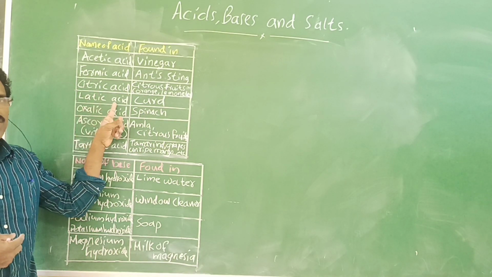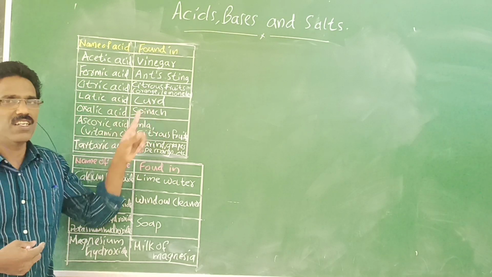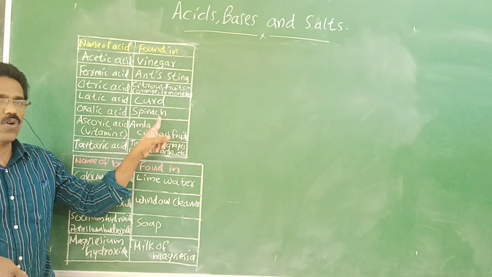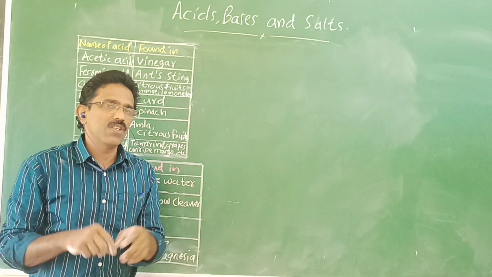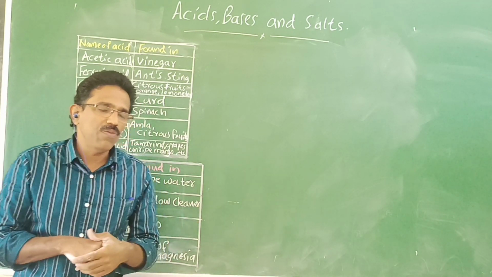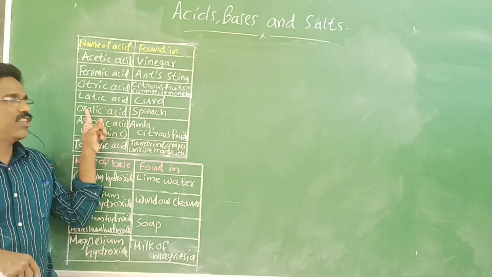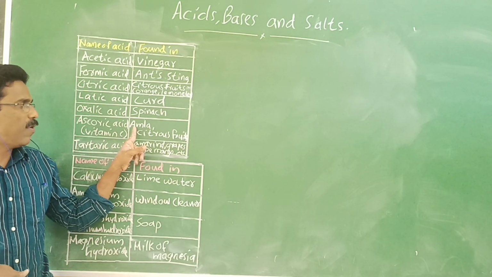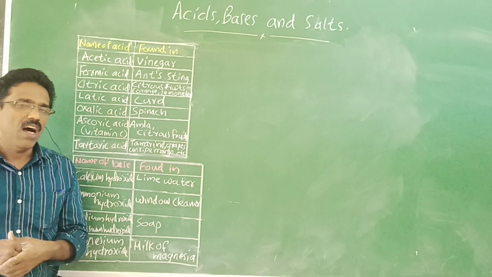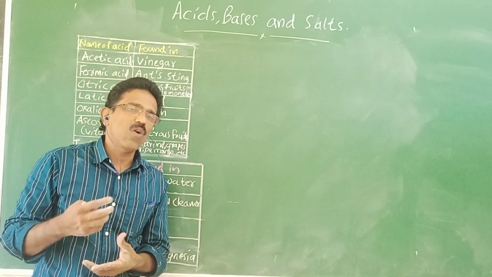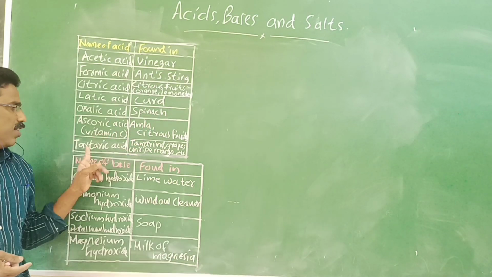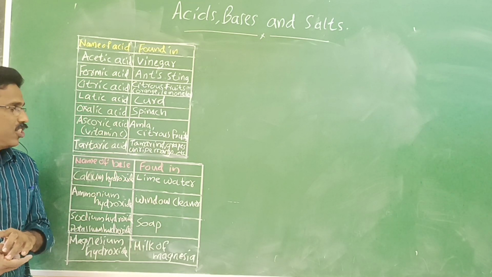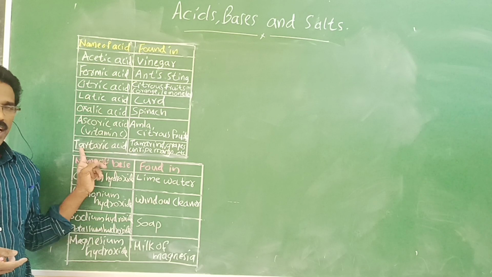Next, lactic acid. Lactic acid is present in curd. Oxalic acid is present in spinach, a leafy vegetable that all of you know. Ascorbic acid is present in amla, citrus fruits, etc. Ascorbic acid is otherwise called vitamin C. Then tartaric acid: tamarind contains tartaric acid.